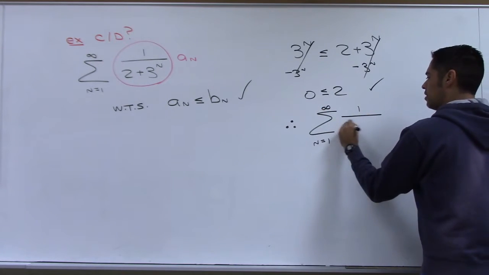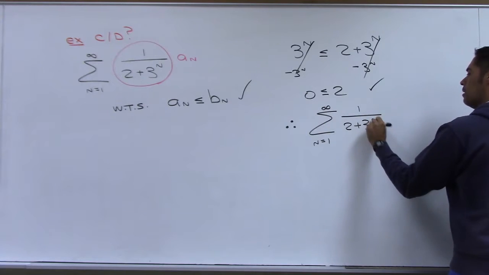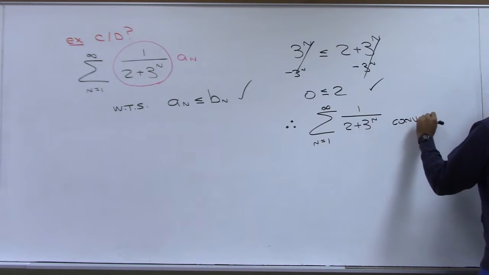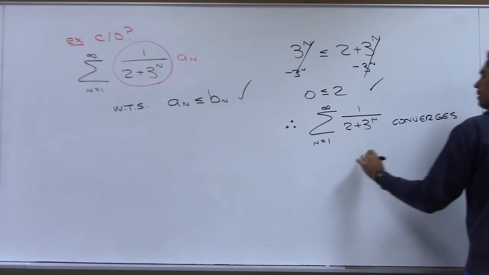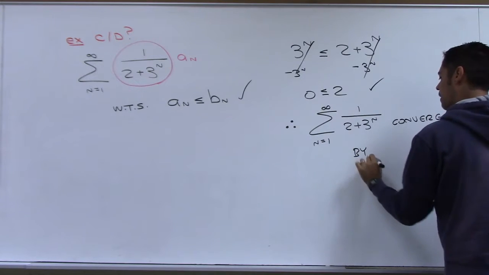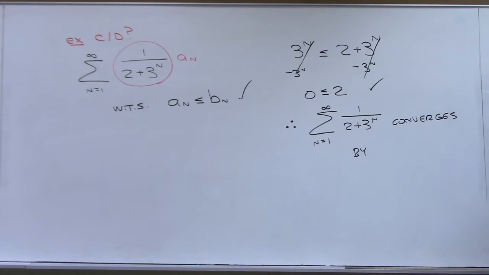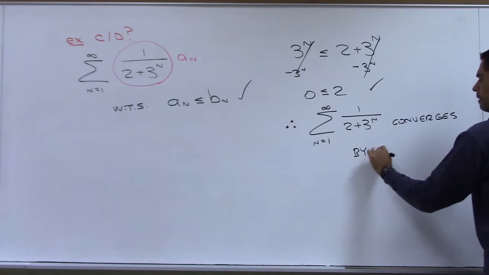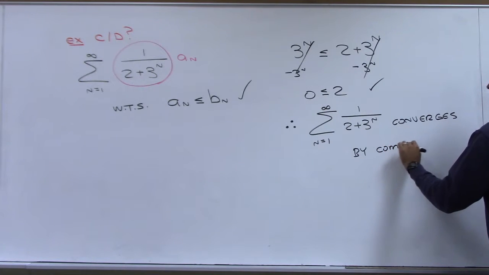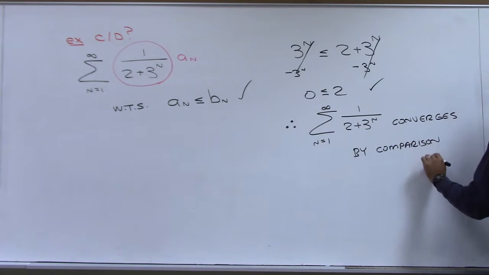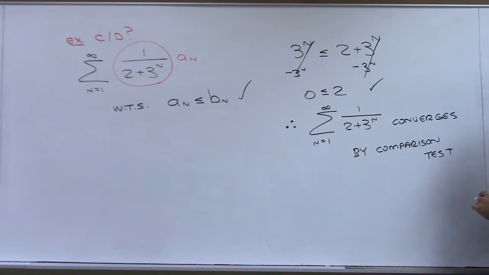Go ahead, Zach. You sound like you still had a question. I was trying to figure out why that was true at first, because I thought the A sub n was the 2 plus 3. I see that it's greater. I didn't see that it's less. Say again?